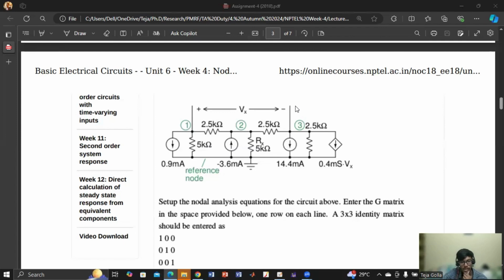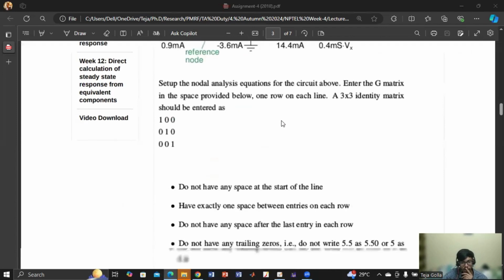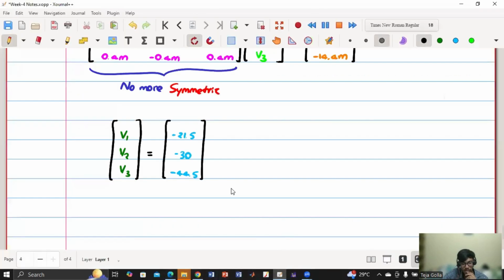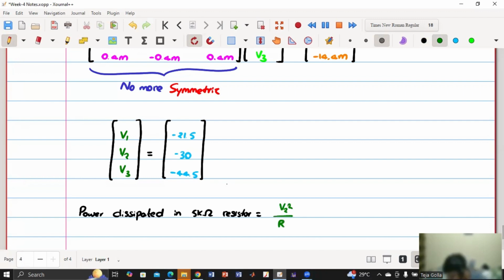Hema, any idea which formula of power we can use? V into V by R. You are right, so V square by R. And which V? V2. V2 squared by Rx, which is 5K. So the power dissipated in the 5 kilo ohm resistor is nothing but V2 square by R, which is 5K.